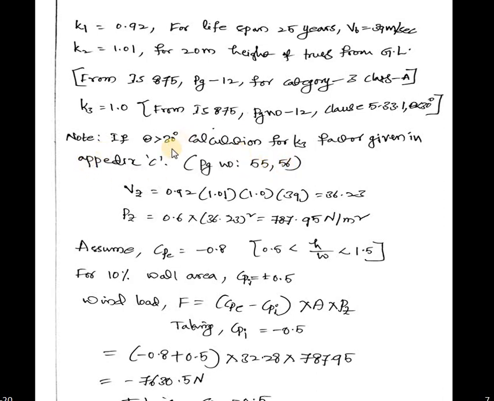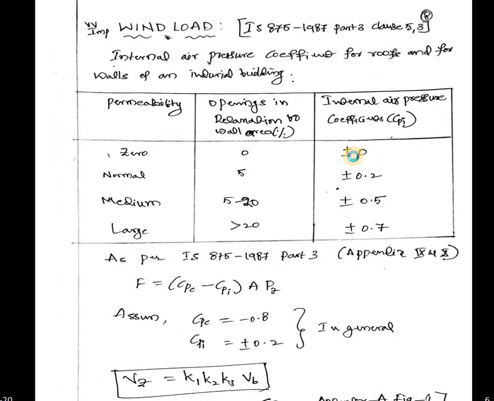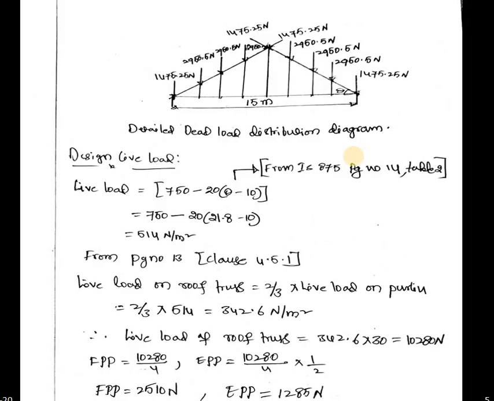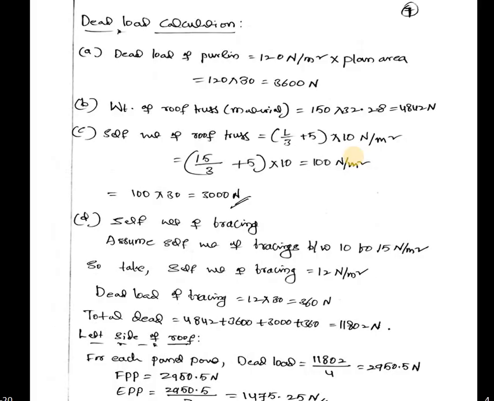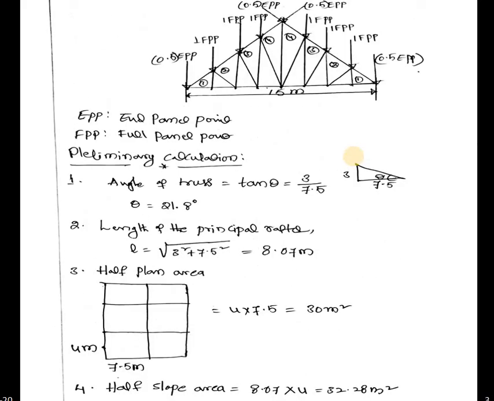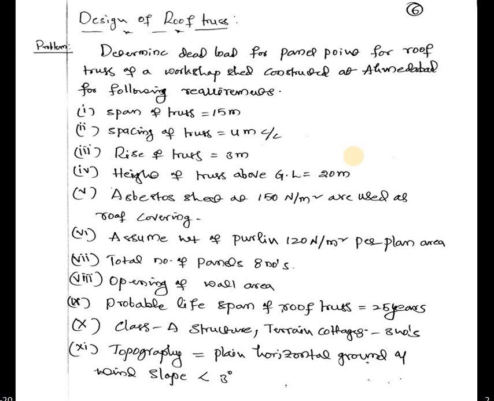That is not required because he has given the slope in our question, and the slope is less than 30 degrees. Clearly he has mentioned it. Just see here. Sorry for the delay. Topography: plain horizontal ground, slope is 30 degrees. Sorry, this is 30, not 3. If it were 3 degrees, it would be considered as the next type of truss. Sorry for that.